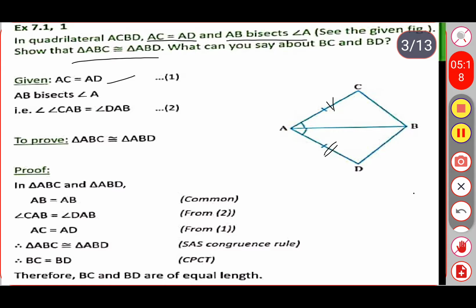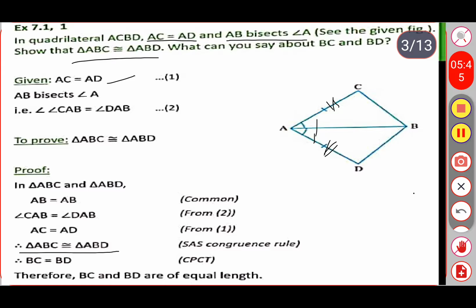With the help of all these three, we can easily say that triangle ABC is congruent to triangle ABD by using the SAS congruence criteria. Here, two sides include one angle, and those two angles are obviously equal.